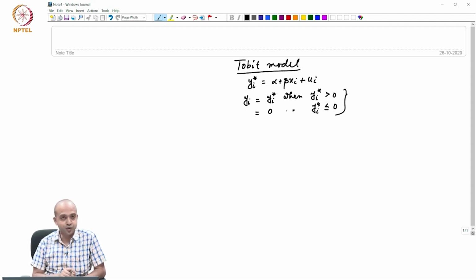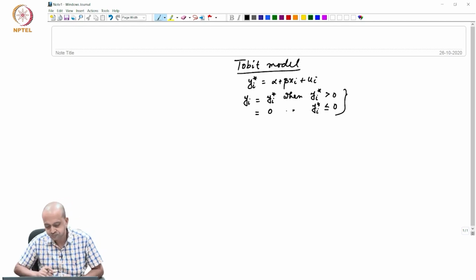We said that we cannot simply throw away those observations for which we have 0 value, because then your sample would be a truncated sample, not the entire sample you are going to use, and in the truncated sample your error term would follow a truncated normal distribution. So, OLS cannot be applied there. There you basically require a truncated regression.